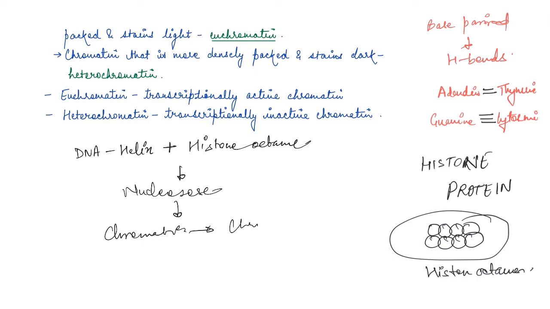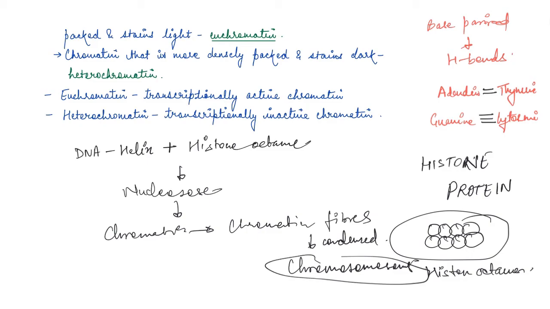These form chromatin fibers. Now these are even more condensed to form chromosomes, right? So this is how the DNA is formed, how the DNA was discovered, what the structure looks like, and what are each and every components of DNA, guys.